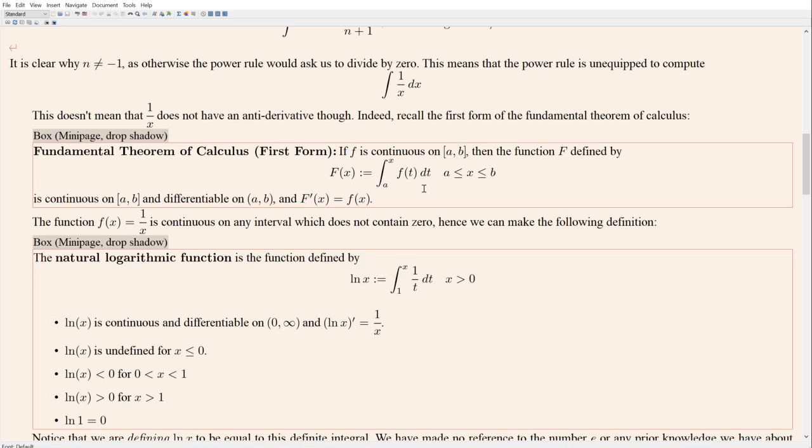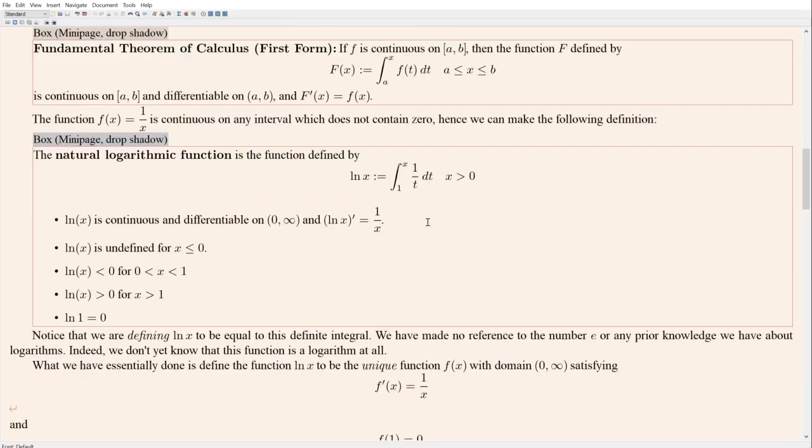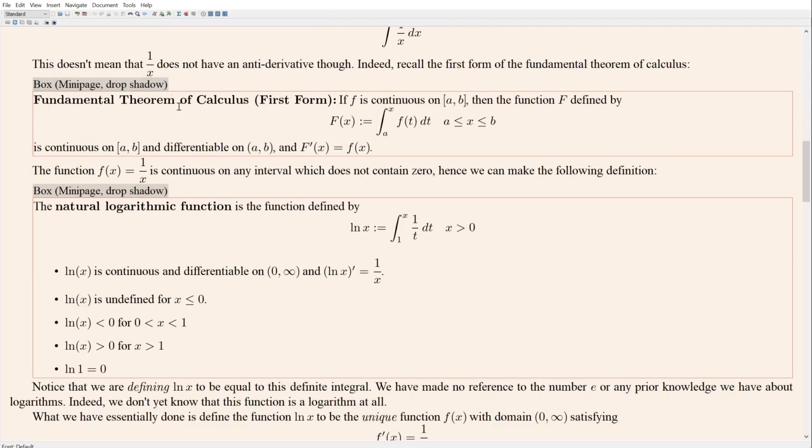Let's make a specific choice of a, and then define a new function such that it is an antiderivative of 1 over x. We are going to pull an antiderivative of 1 over x out of thin air. Well, not out of thin air, out of the fundamental theorem.